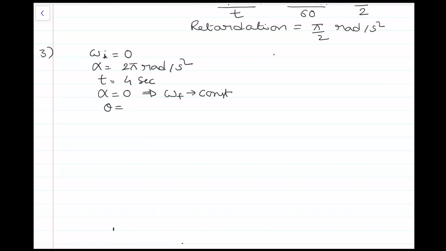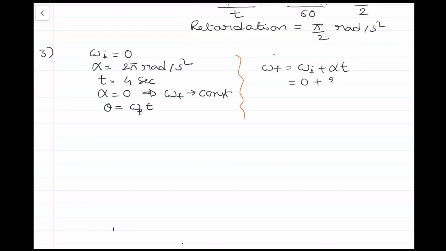Angular displacement is nothing but angular velocity into time. Then angular velocity means the angular velocity after 4 seconds. First of all, let us find out the angular velocity after 4 seconds from the formula omega final is equal to omega initial plus alpha t.